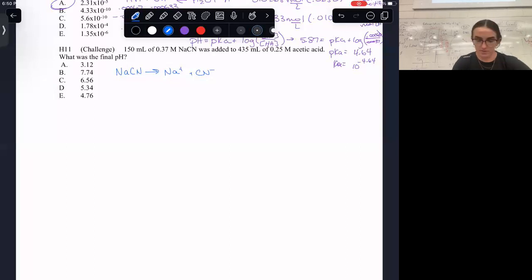This means that if we have 0.37 molar sodium cyanide, how much cyanide do we have in solution? We have 0.37 molar, because all of that initial concentration will go to your concentration of the cyanide ion. It would also mean we have 0.37 molar of sodium, but that doesn't matter.